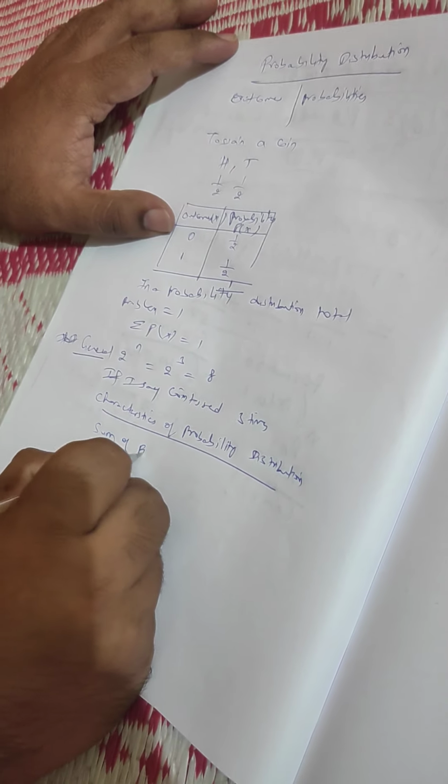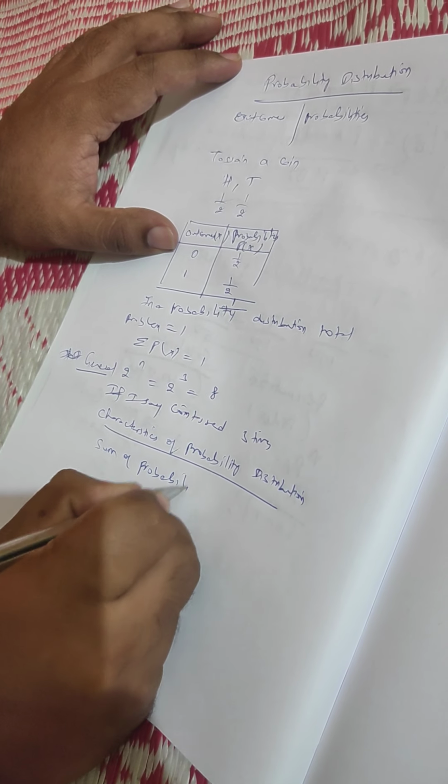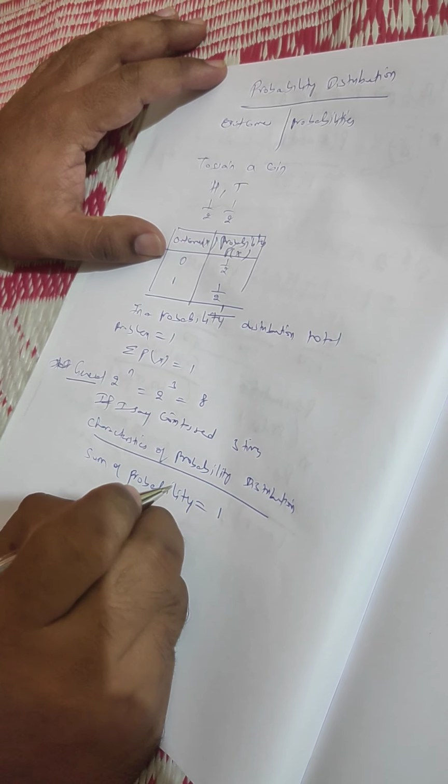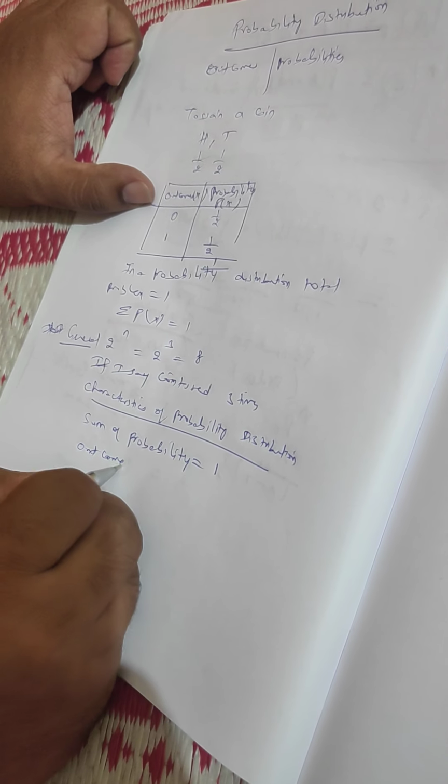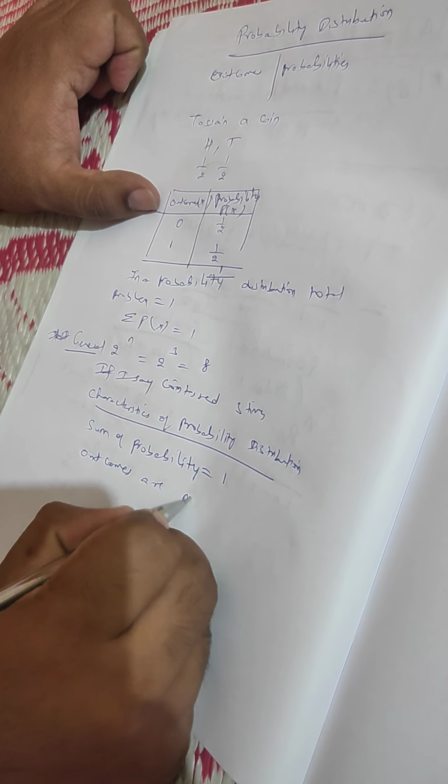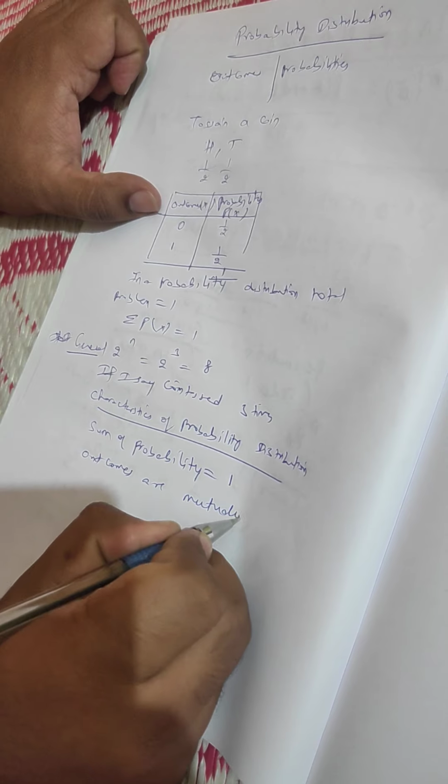Sum of probability is equal to 1. In any case, the sum of the probability will be equal to 1, and the outcomes are mutually exclusive events.